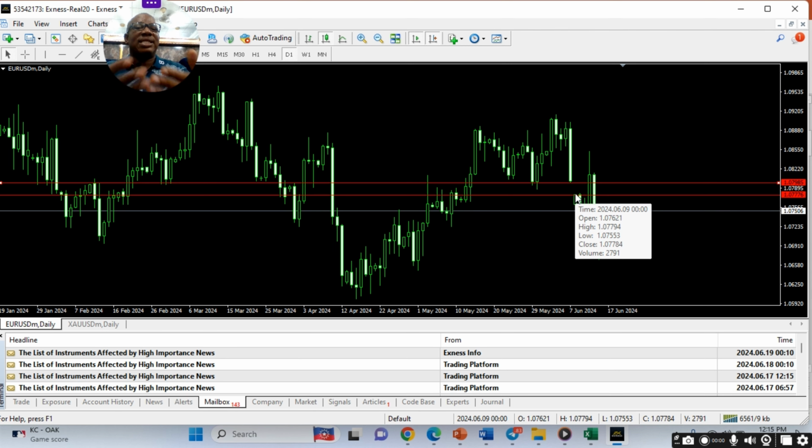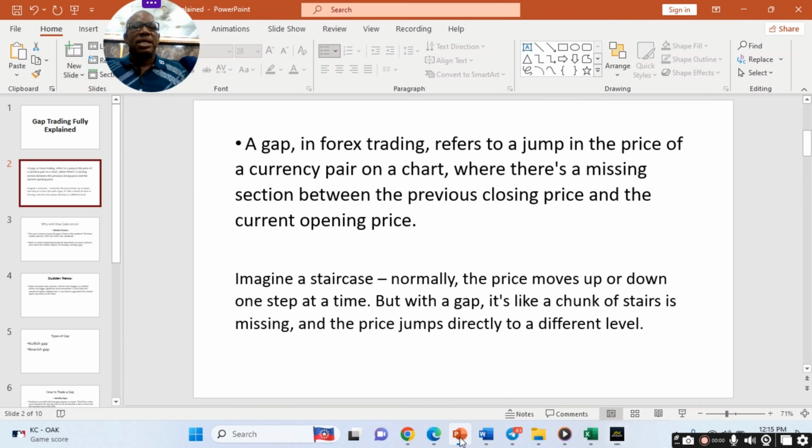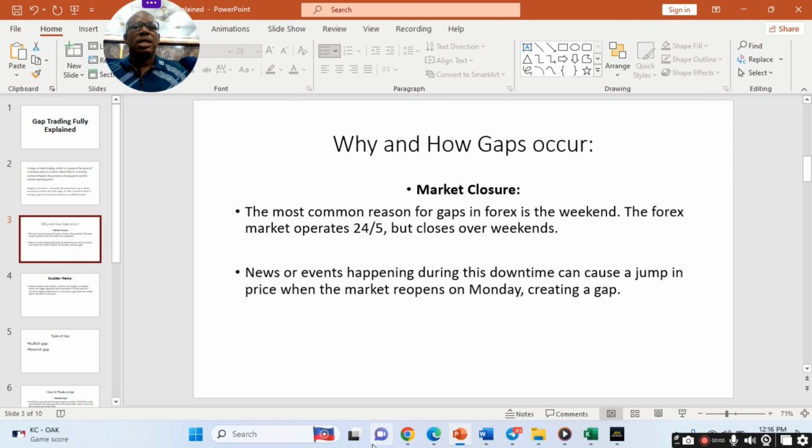That is a gap. This is a downward gap. However, let us proceed as I discuss in detail what we mean by gap. It is the jumping of price away from the previous close. It's as simple as that. That is what we call gapping.